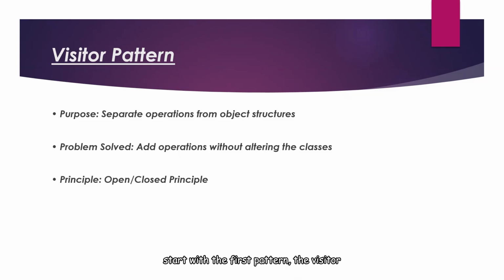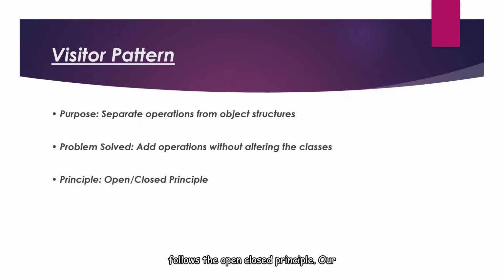Let's start with the first pattern, the visitor pattern. At its core, the visitor pattern is about separating an algorithm from the object structure it operates on. Imagine you have a set of different objects, say various types of products, electronics, groceries, and so on. You want to apply operations on these objects like calculating discounts or taxes. Instead of modifying every class whenever a new operation is needed, you externalize the operation to a new visitor class.